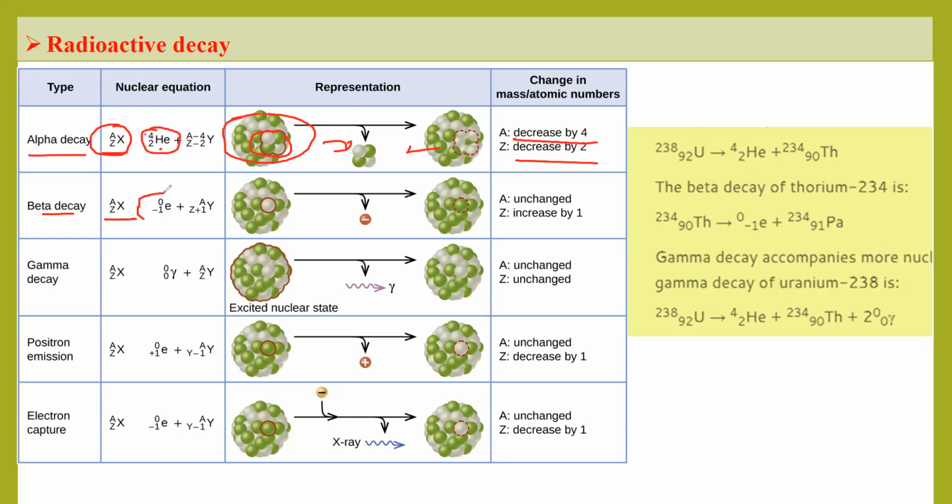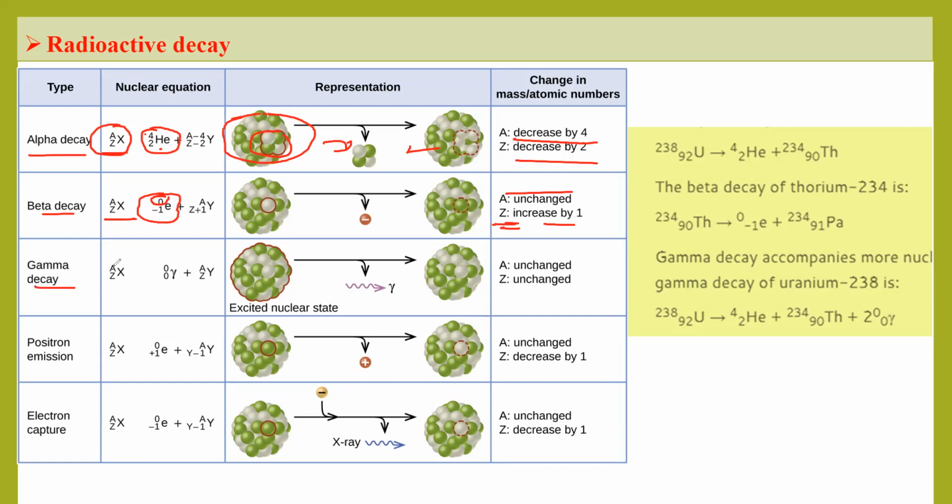We know that beta radiation is represented by -1 electron 0, which means there is an increment in Z number by 1 because it has -1. In mass number it has 0, so there is no change in mass number, but there is an increase in Z by 1.